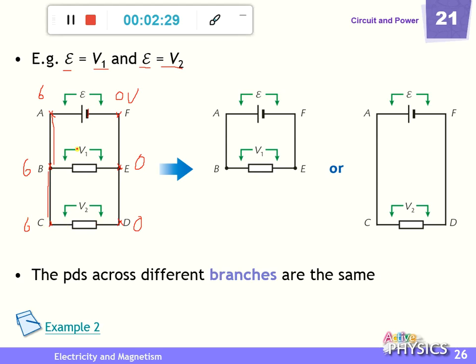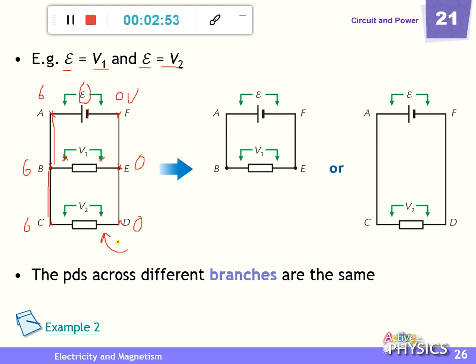Then ask yourself, what's V1? V1 should be the potential difference between this point and this point, 6 and 0. So the answer should be 6. For V2, the same, 6 and 0 is 6. How about the EMF? Also 6 and 0, 6. So in this case, what will we call it? This one we will call a parallel circuit.